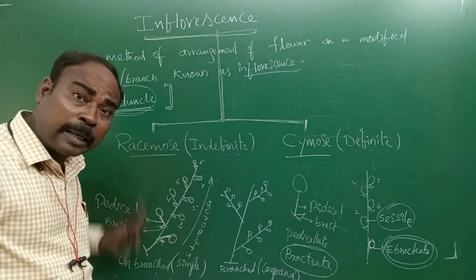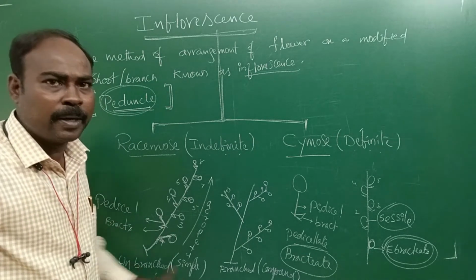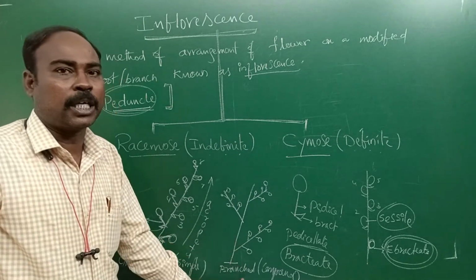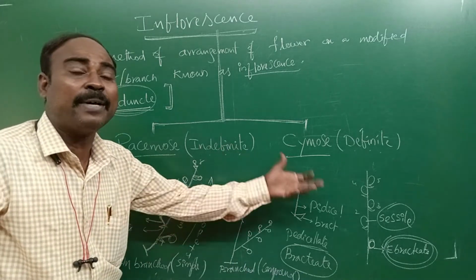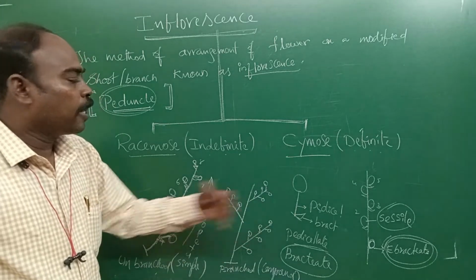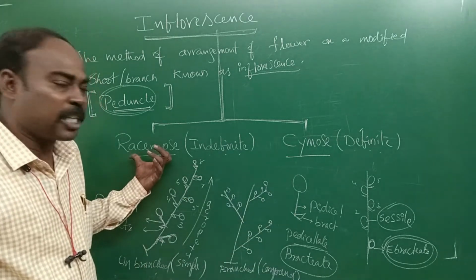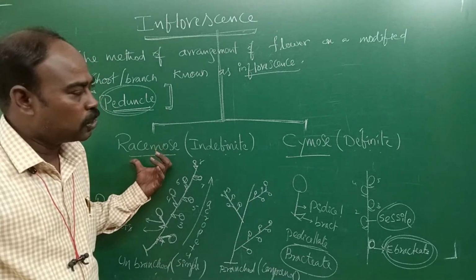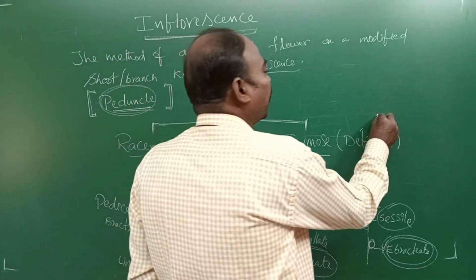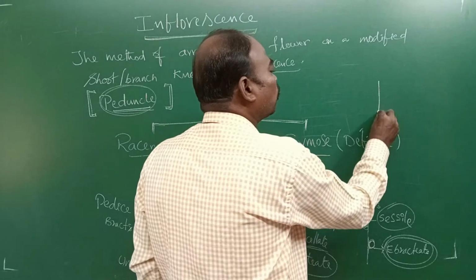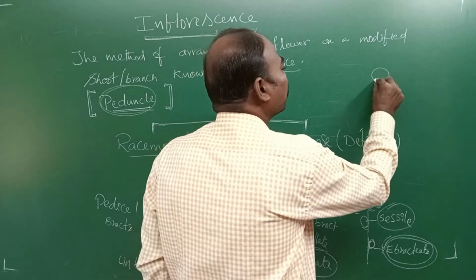If the peduncle is unbranched, it is said to be simple type. If the peduncle is branched, it is said to be compound type. Okay, that is the difference in the variable arrangements in the indefinite type, that is the racemose type of inflorescence. Then what is cymose? Here the peduncle grows up to a certain length only and terminates with a flower.